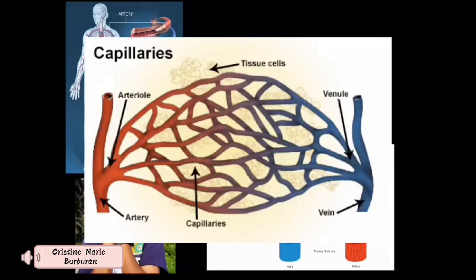Basically, they go from the arteries to the arterioles. So here's an artery right here, and then it goes to the arterioles, then to the capillaries, and then back to the venules, and then back to the veins.